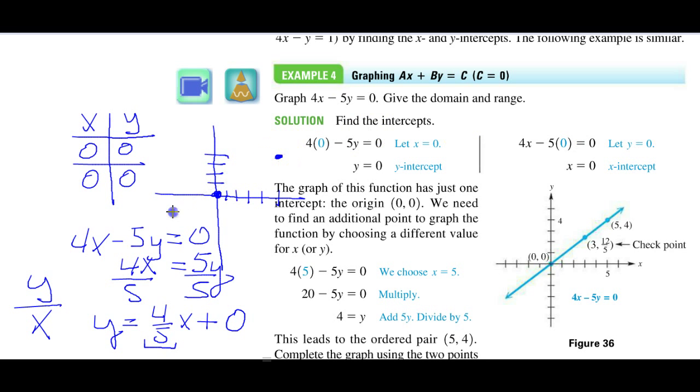So from that we can make our line. And that's what we have over here. Notice our y-intercept is 0, 0. We go over 5 and up 4. Now, are there other points? Yeah, but sometimes you get fractions, and you want to try to stay away from fractions. They're hard to graph. All right, let's go on.